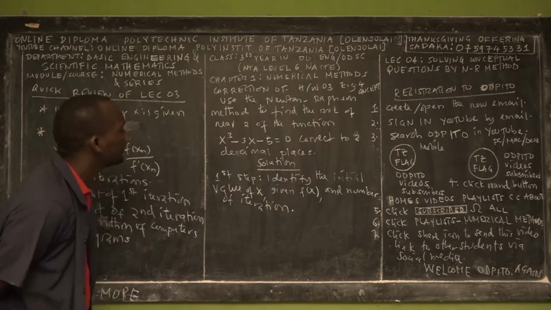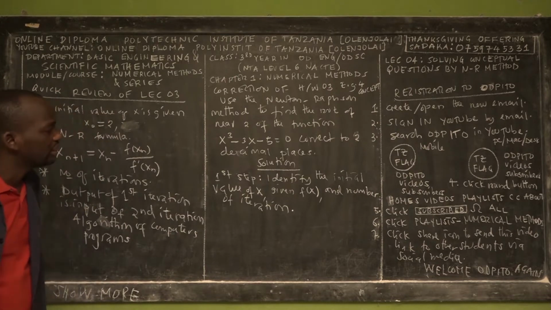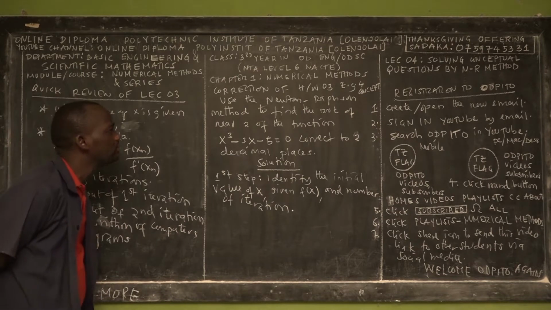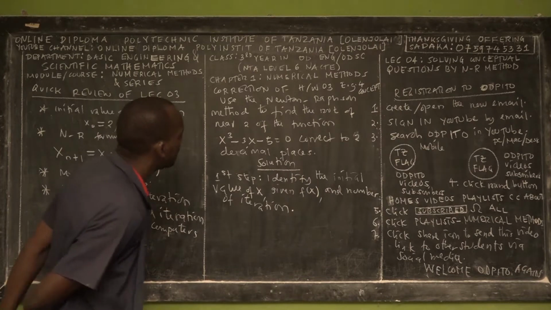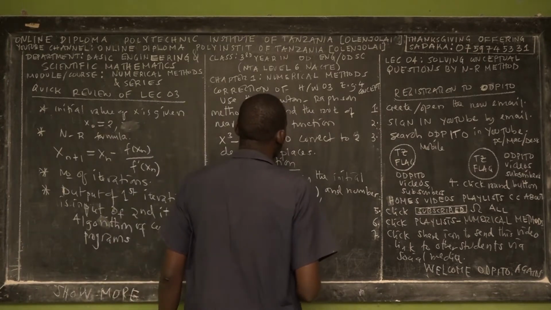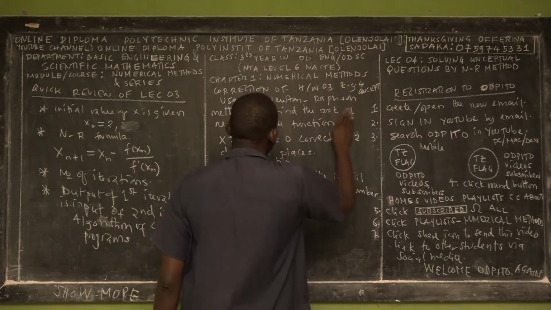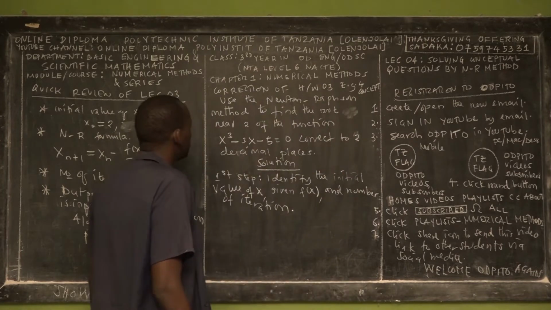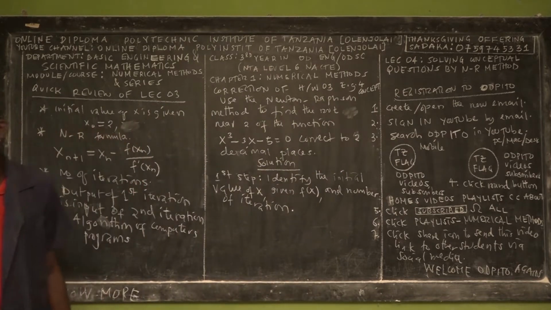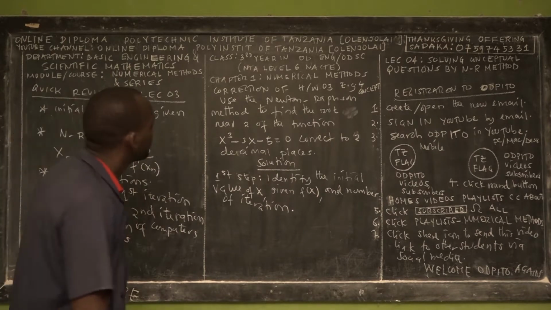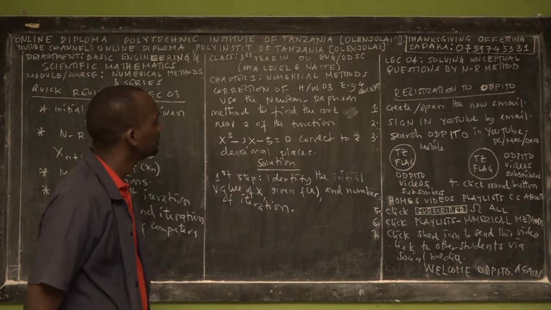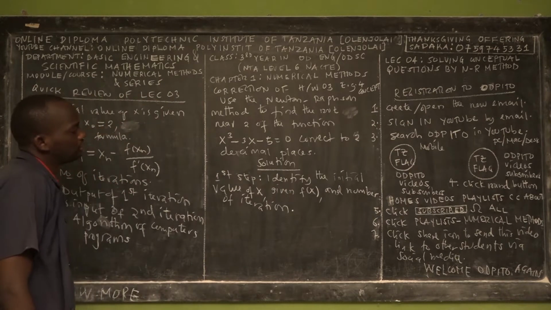But let us read this question again and extract the required information. Use the Newton-Raphson method to find the root near to 2 of the function x cubic minus 3x minus 5 is equal to 0.